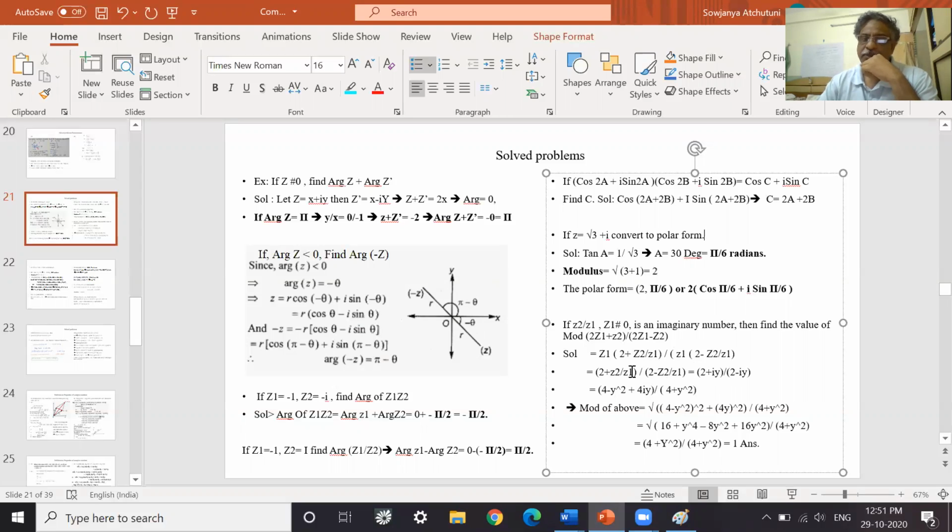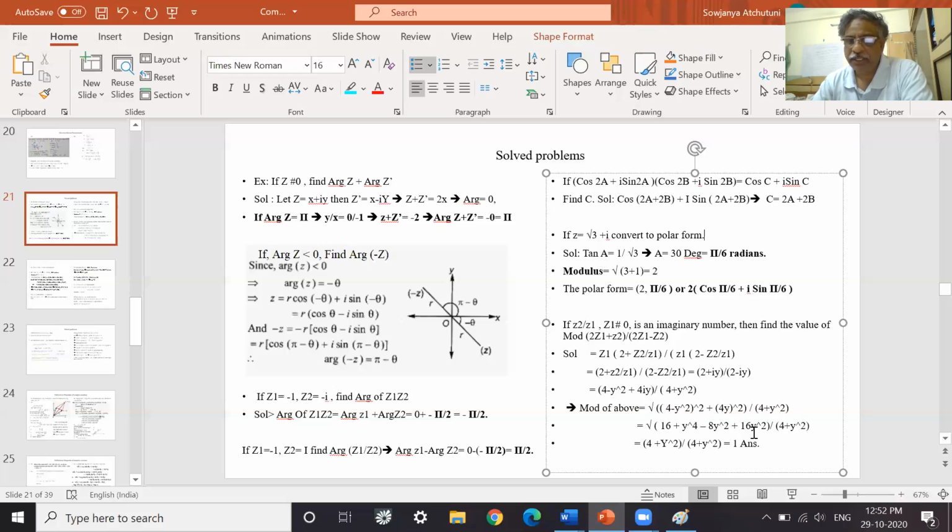Let z2 by z1 be represented by iy, because z2 by z1 is only imaginary, with some value of y. So 2 plus iy by 2 minus iy. By conjugate division, I get 4 minus y square plus 4iy by 4 plus y square. So what is the mod of this? Square root of a square plus b square. So root of 4 minus y whole square plus 4y whole square by 4 plus y square.